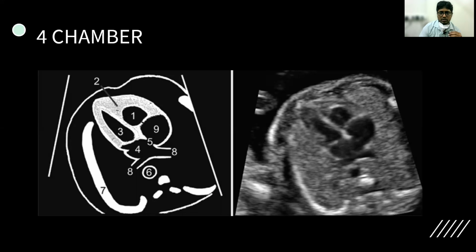The morphological right ventricle will have the moderator band, which will be slightly smaller, and the morphological left ventricle is towards the left, which forms the apex, and which will have the papillary muscles, and sometimes you might be able to see the chordae tendineae clearly in the ventricles.